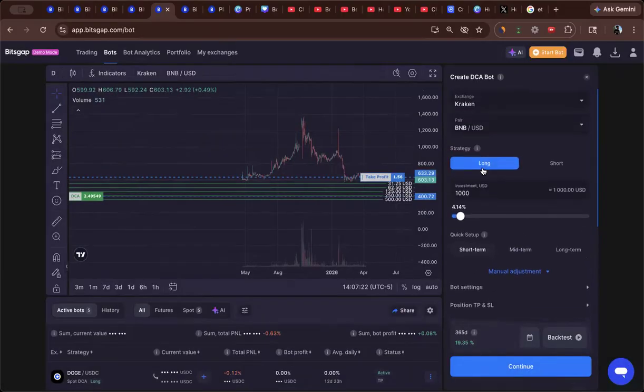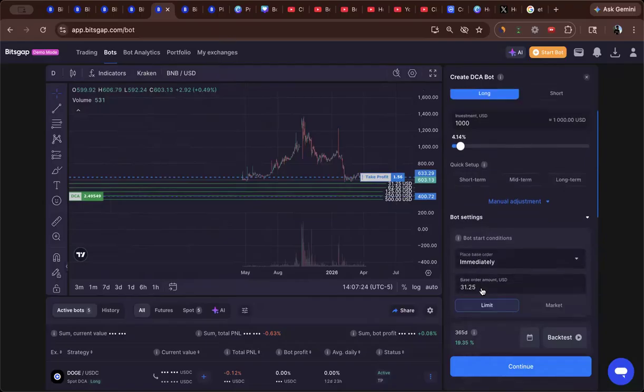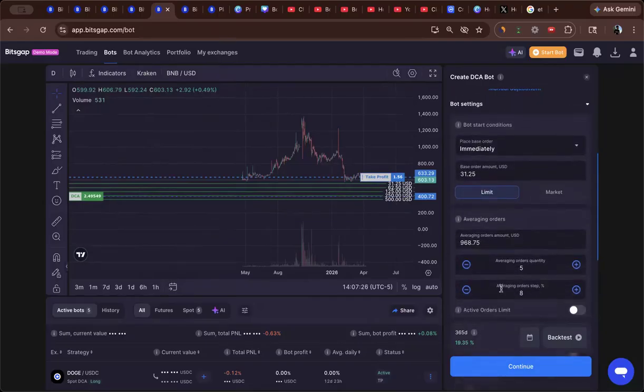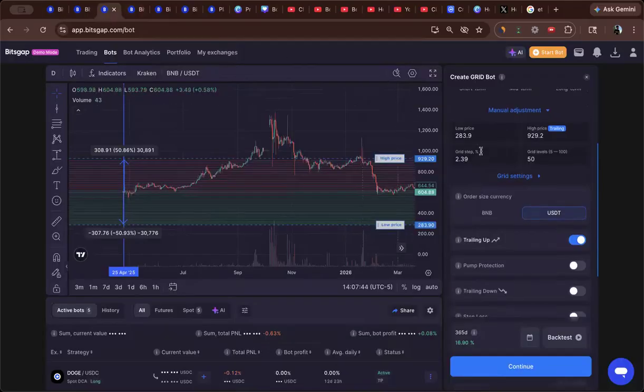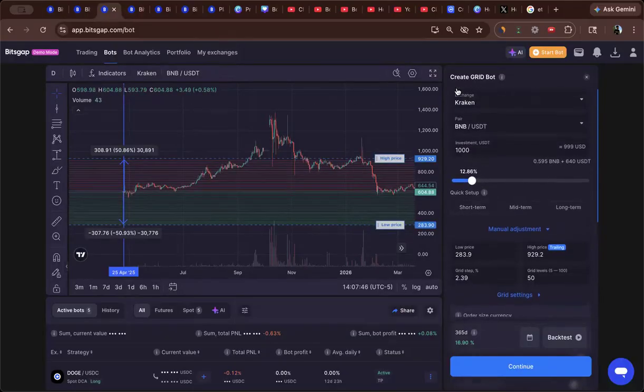And this is the one with the settings here, the averaging order step percentage at 8%. So it's pretty much a tie between our DCA bot with our more conservative settings here and doing a grid bot. So you could set up a grid bot on BNB if you liked it and you only had it on Kraken.